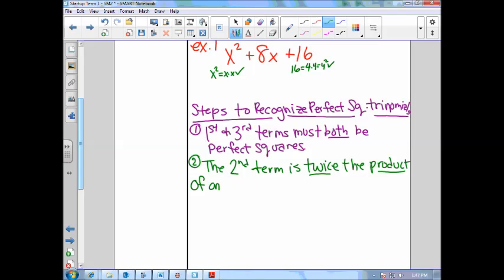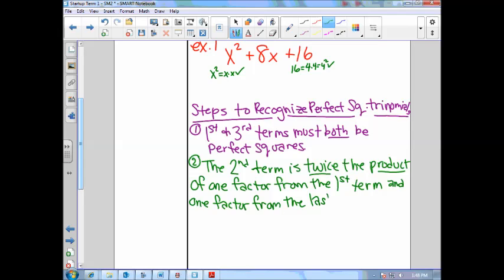Of one factor from the first term. I'm just going to put first term because I think it helps your eye see it better. And one factor from the last term.